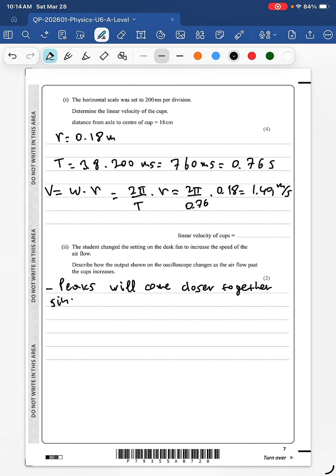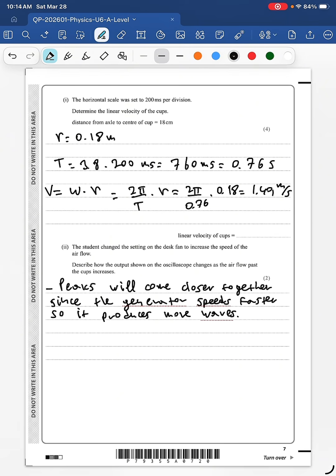since the generator speeds faster, so it produces more waves.